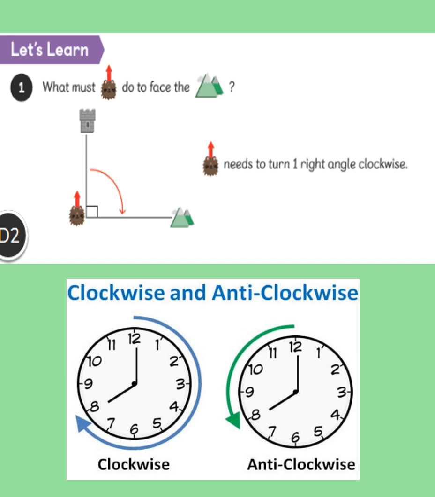Chewy needs to turn a certain amount of right angles in a certain direction. And just to make it extra challenging, and some of you may have already noticed this, but there may be more than one way in which Chewy could turn to face each of these. So if you fancy an extra challenge, try to find all the possible ways for Chewy to turn to face the Tunnel of Mystery and the Lake of No Return. Off you go.